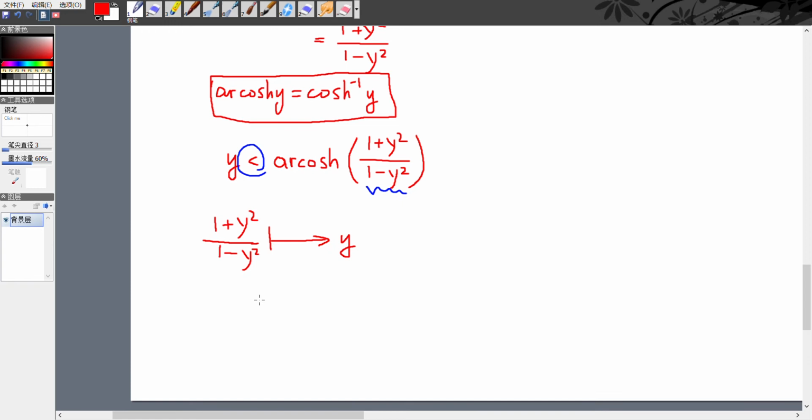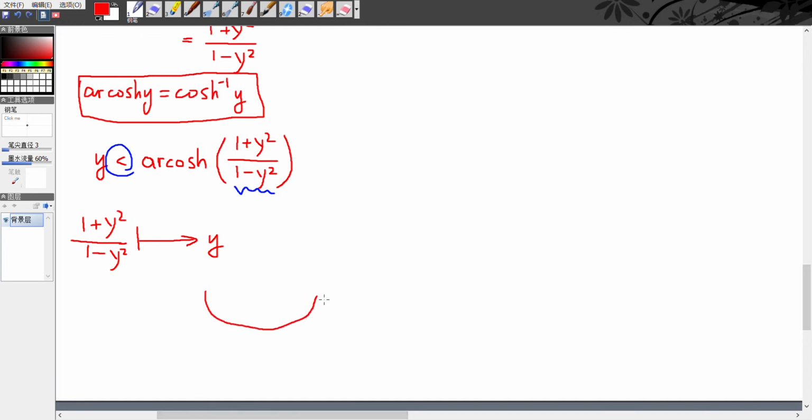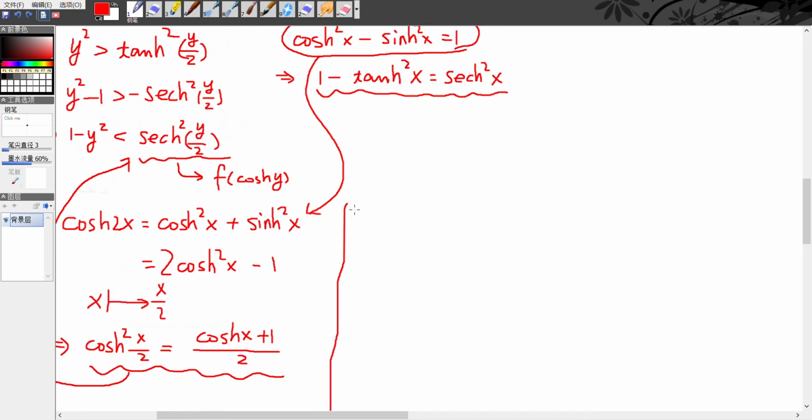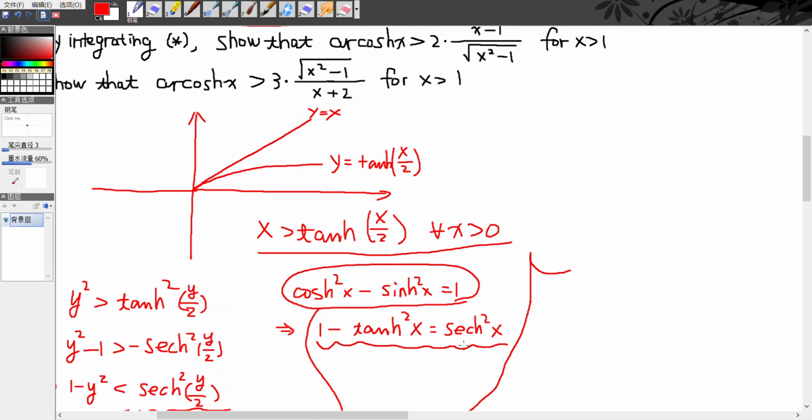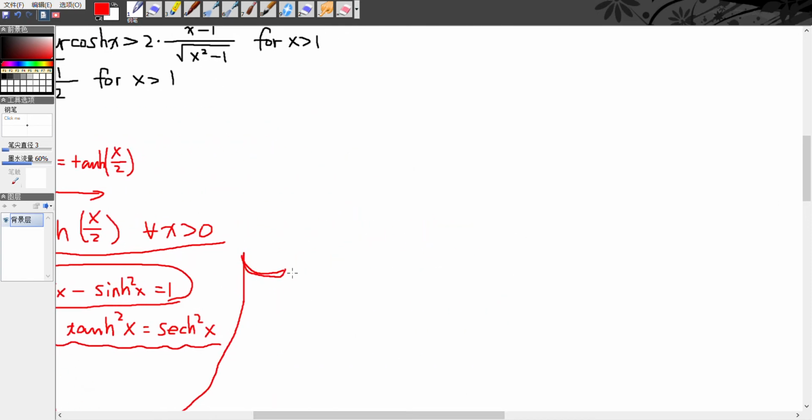So in order to achieve this, we need to set y, sorry, maybe this place is too narrow. We will set y equals (1 plus x squared) divided by (1 minus x squared).